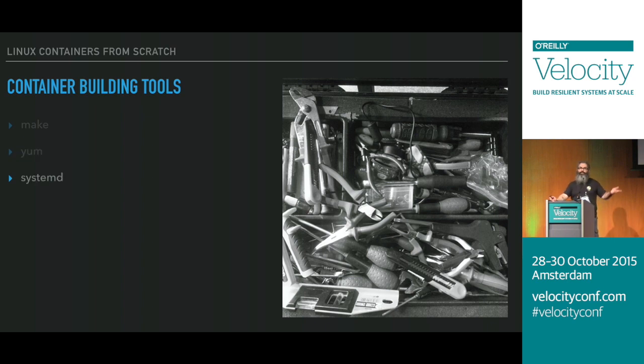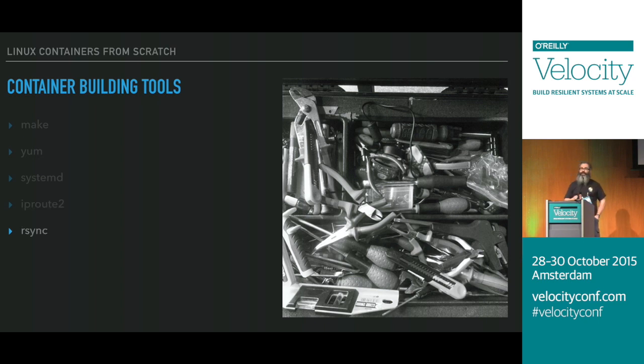Systemd. It comes with the distribution, so it's already there for managing services. And that was one of the things we needed. So we'll use that. The ip route tool. As you saw, if you came to my talk last year, this is a tool that lets us access all different kinds of parts of the network namespaces and the networking. And we want to have networking in our containers, so we need a tool for that.